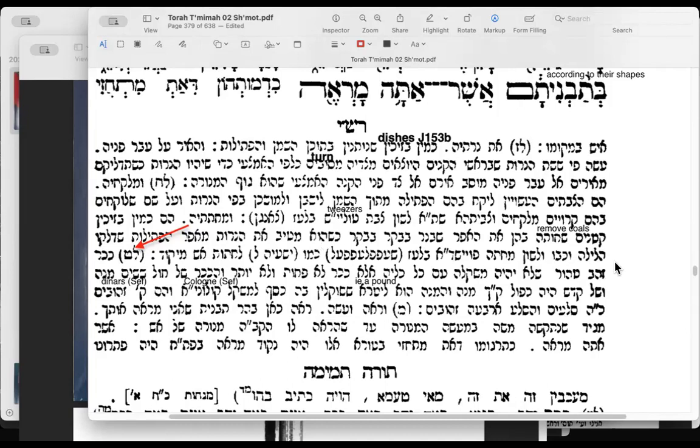Here we go, Rashi: a talent of pure gold, that its weight with all of its vessels, in other words, of the menorah and all its accompanying vessels, had to come to 1 talent. That is, with the tweezers and the snuffers and all the shovels, which we mentioned yesterday, had to come to 1 talent.